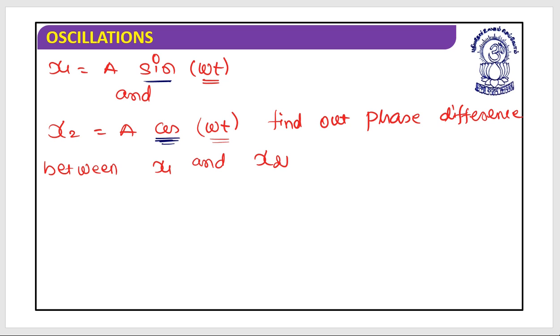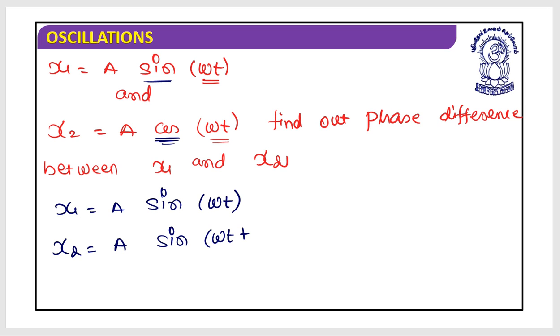Let me convert this cos. So x1 is equal to a sine omega t, and x2 is equal to a sine omega t plus pi by 2. This is the first function, this is the second function.